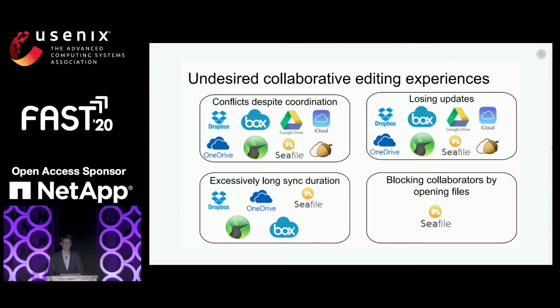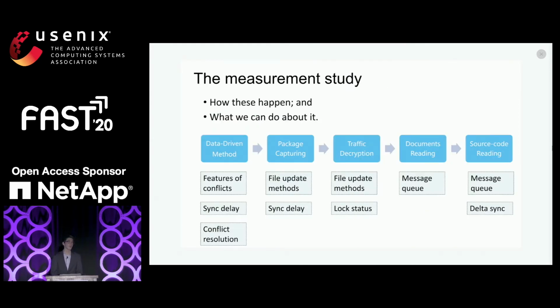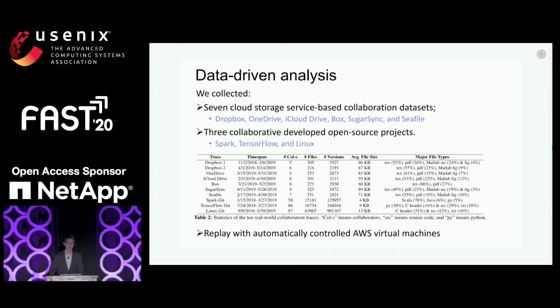So to better understand why this problem happens, we did a systematic measurement study. First of all, we collected 10 real-world collaboration traces. 7 of them were provided by users who are writing docs or code collaboratively using different cloud storage systems, and the other 3 were extracted from open source GitHub projects.